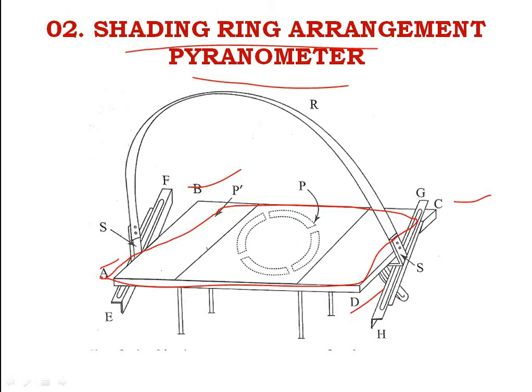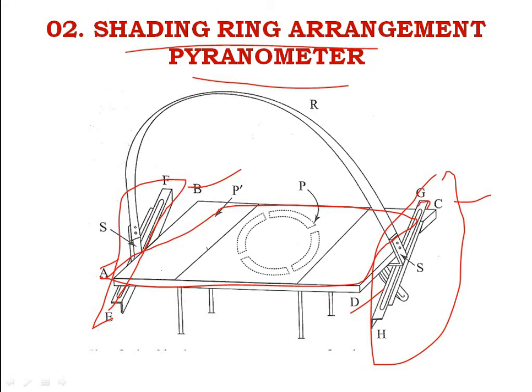You can see this portion here. These are the two angle iron arms, 70 centimeter long, with slots along their length, carrying sliders.